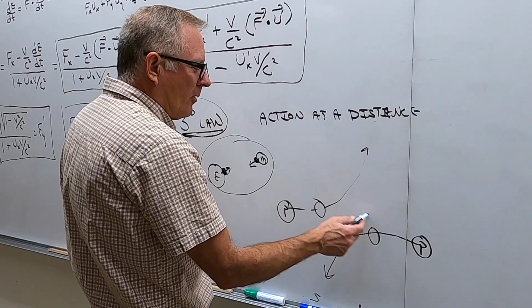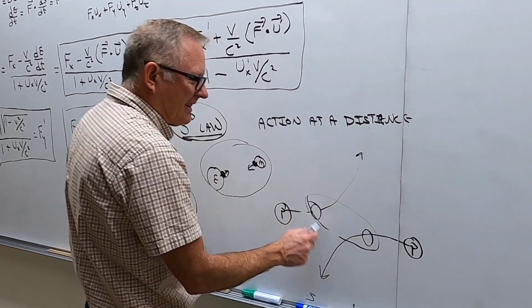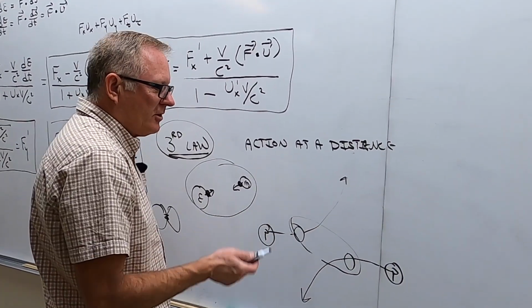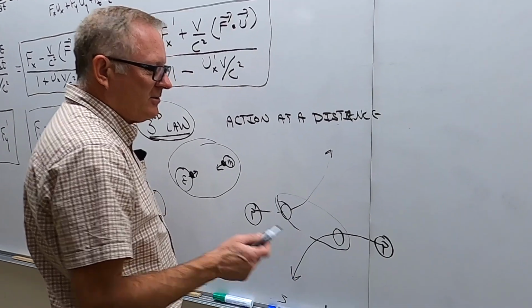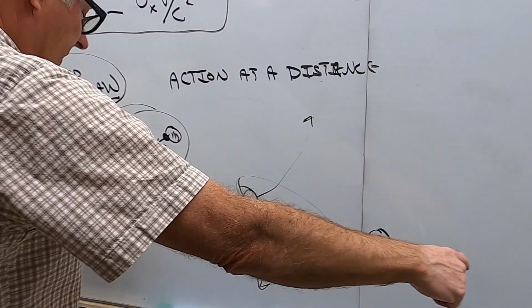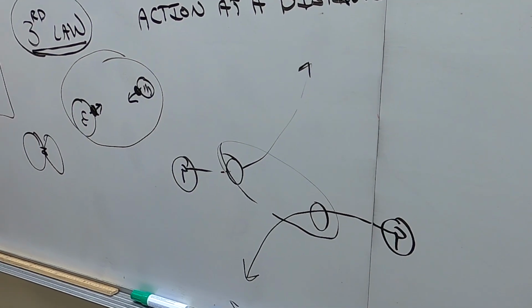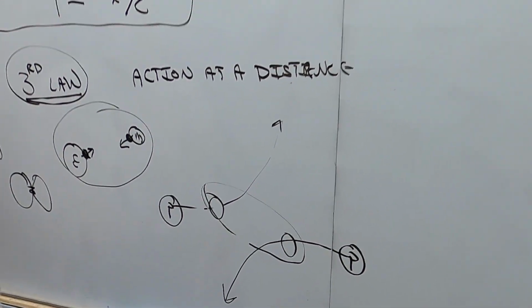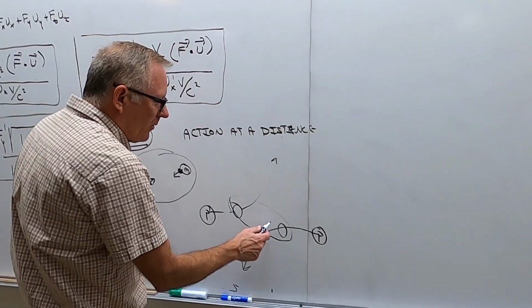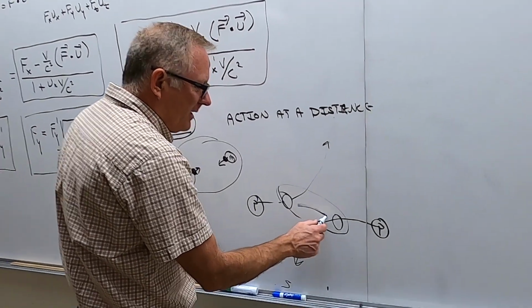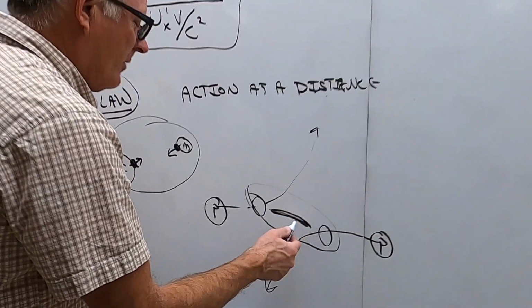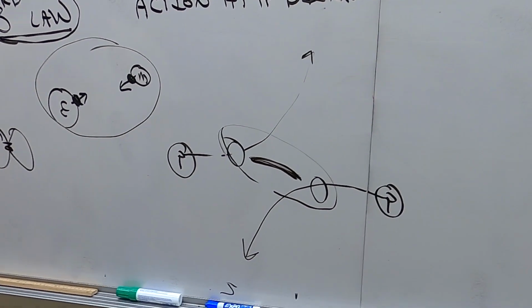Now, if you looked at momentum at this instant, you'll notice that momentum is probably not conserved. That is, the momentum of these coming at each other is not the same as the momentum there. You might say, well, where did some of the momentum go? Well, remember, there's a field in between here. We would say that's an electric field.